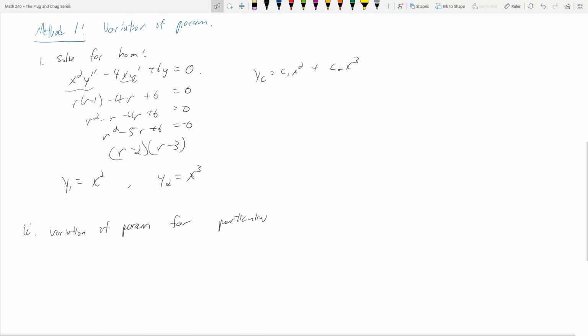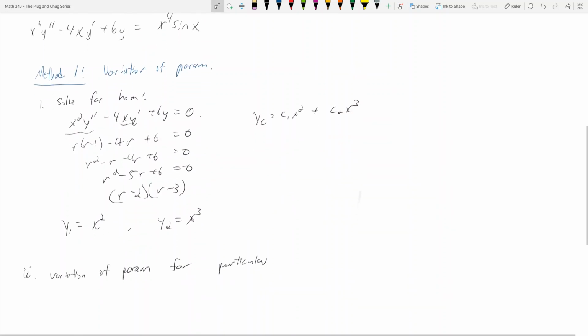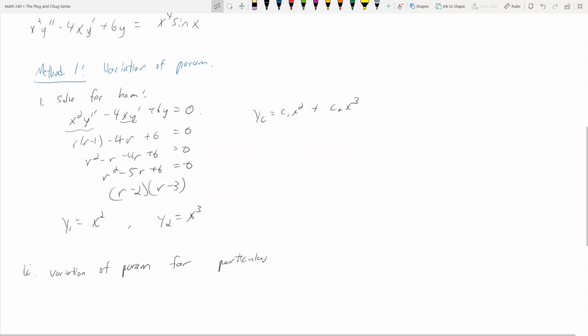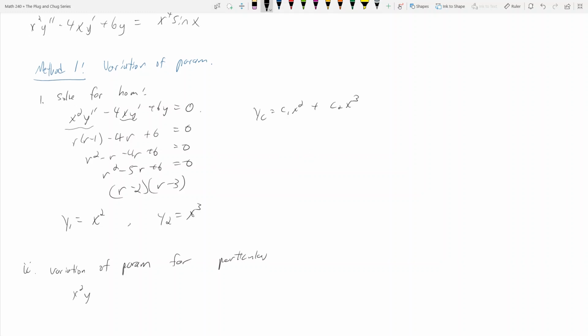You'll notice that our original equation up here was x squared y double prime minus 4xy prime plus 6y equals x to the fourth sine x. What's the problem with that? The problem is that for variation of parameters, we can't have an x squared term out in front.